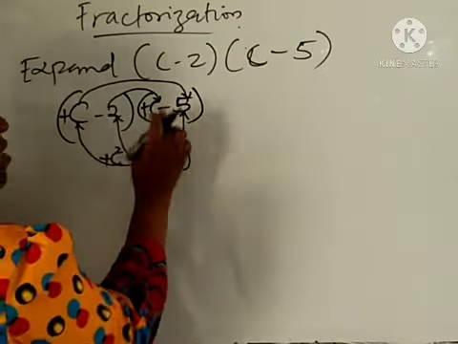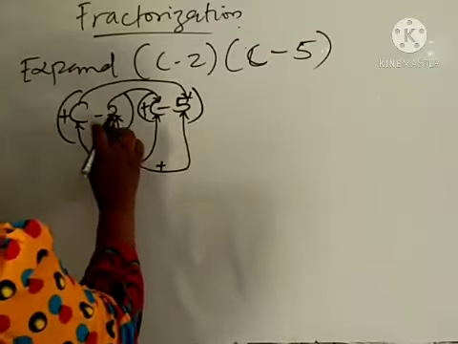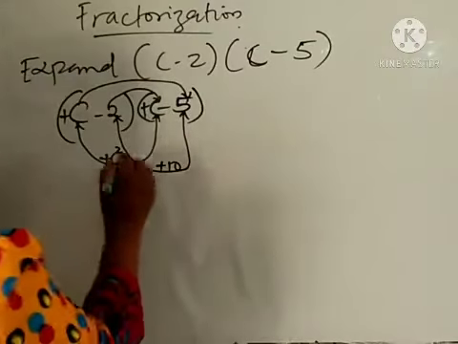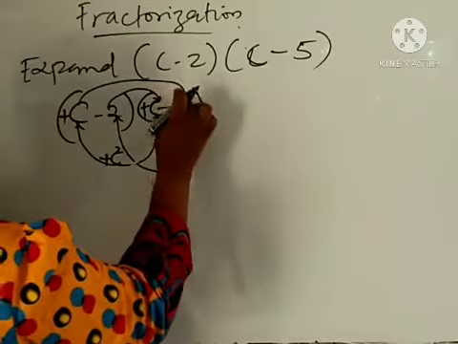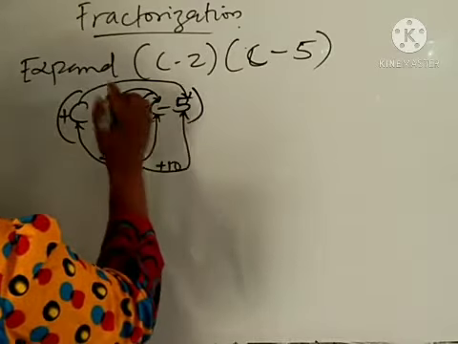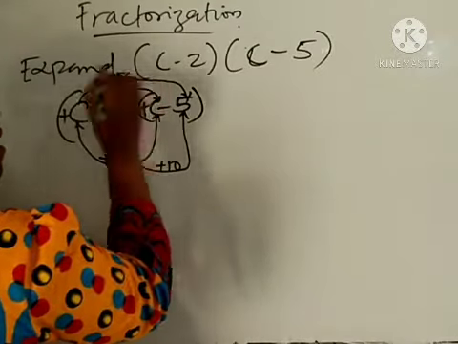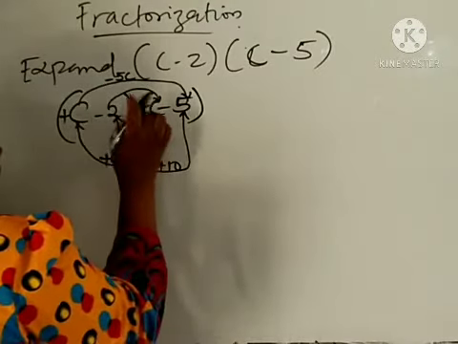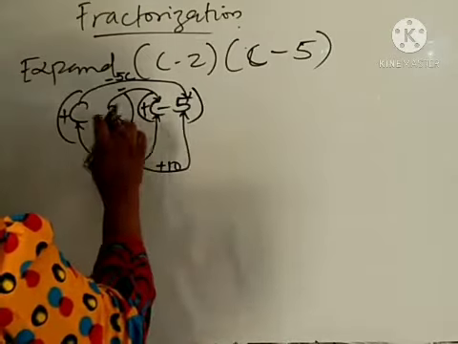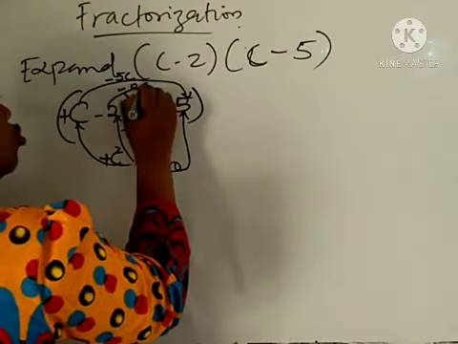Here we have minus times minus, plus 2 times 5, 10. This curve now, we have plus times this minus, minus c times 5, 5c. You have minus times this plus, minus 2 times c, 2c.